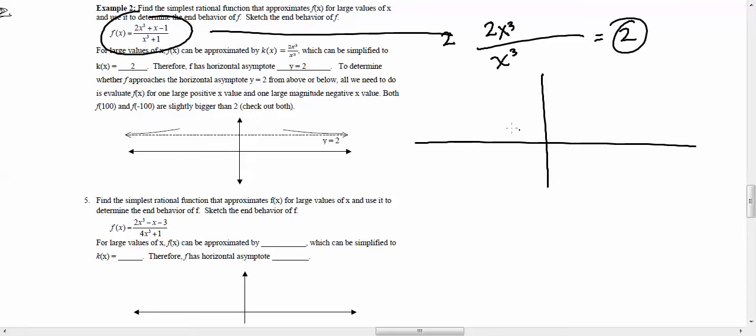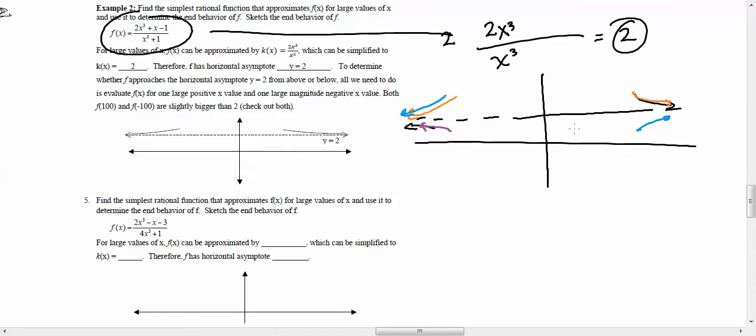Now, here's the big question: is it going to be coming like this, or like this, or like this, or even like this?